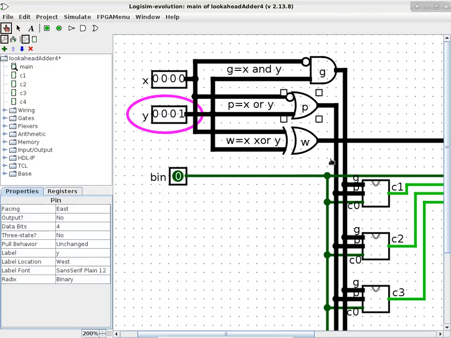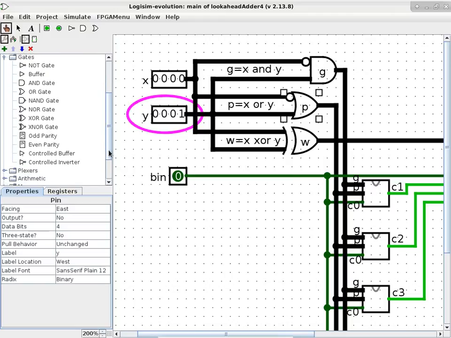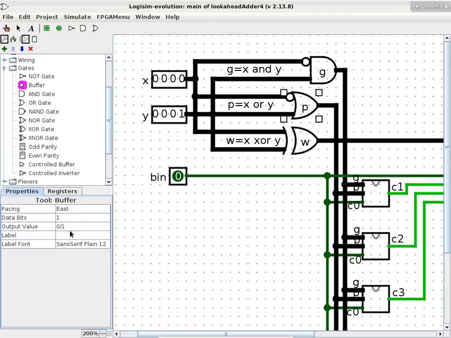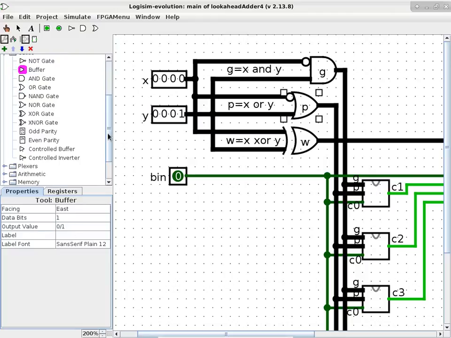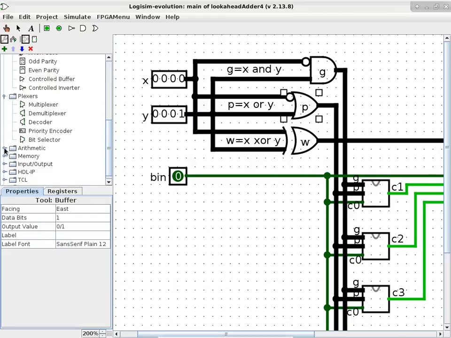And in LogicSim, they might have a delay mechanism. So let's take a look. Gates. Nope, there's no delay type of thing here, because if you look at buffer, it doesn't let you specify the latency or the delay. Plexers, I don't think plexers will help here.